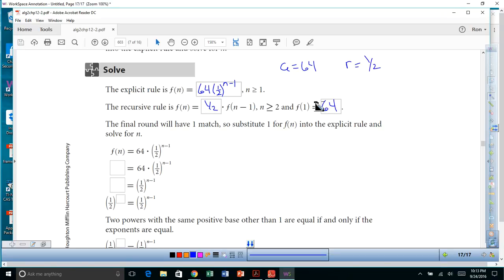The final round will have 1 match, so substitute 1 for F of N into the explicit rule and solve for N. So if F of N equals 64 times 1/2 to the N minus 1, and F of N is 1, the final match is 1, we have 1 equals 64 times 1/2 to the N minus 1. Well, let's divide both sides by 64, and you get 1 over 64 equals 1/2 to the N minus 1.